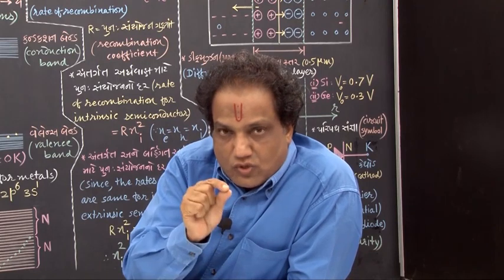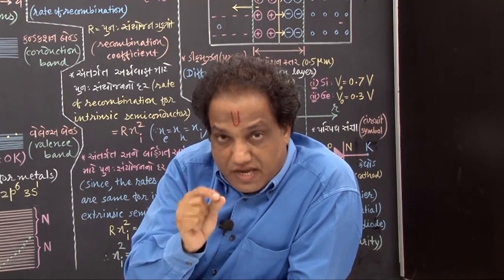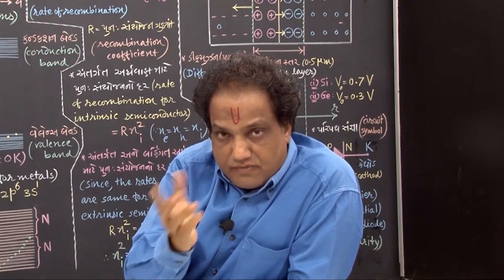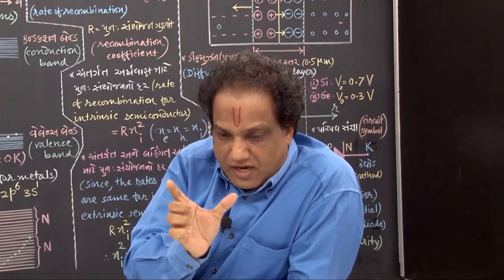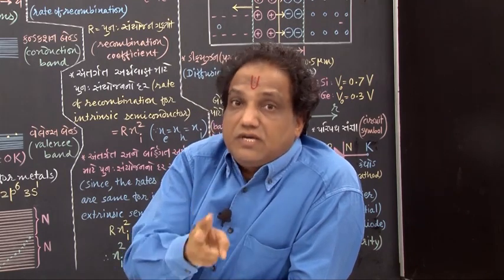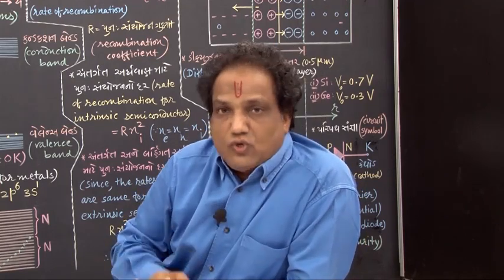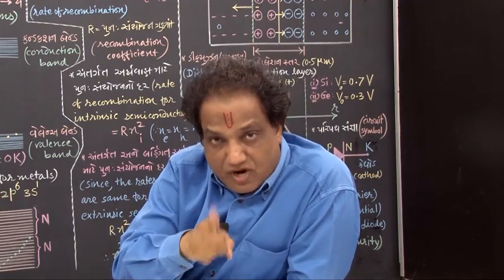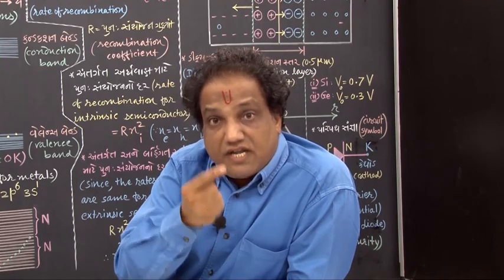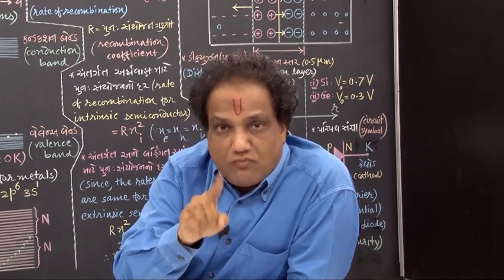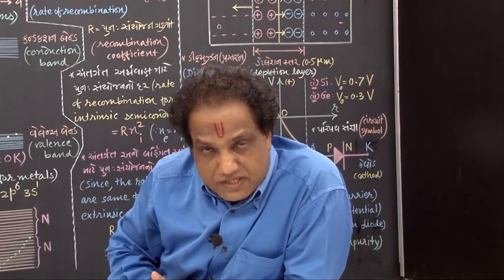Correct? So dissociation creates electron and hole, makes them separated, and recombination just prepares that bond again. Okay? So in the process of recombination, what happens? That covalent bond is getting reformed. Covalent bond is getting reformed, correct?